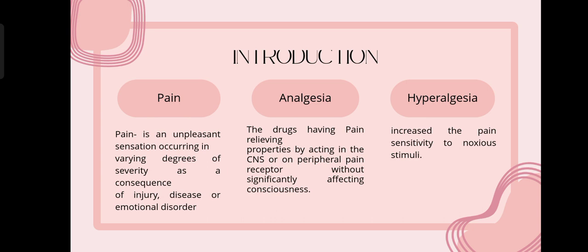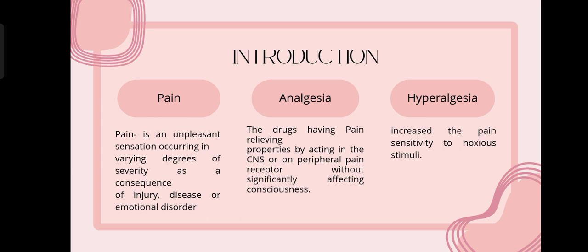So this pain is undesirable, right? And it's a kind of sensation which varies. We can say the degree of pain varies from person to person depending upon the injury that the person has. Let's consider a person has met with an accident.